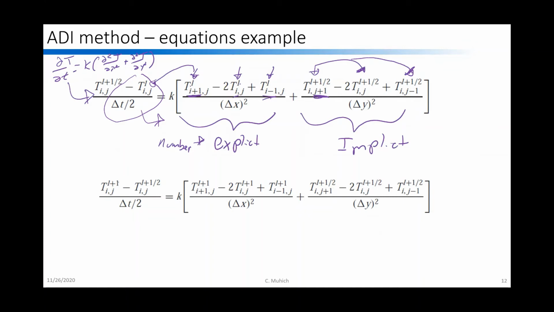Now this time, I'm going to go from t_L plus 1/2, so what was solved here, to t_L plus 1. And now I'm going to flip my set. So the x set is going to become implicit, and my y's are going to be explicit.